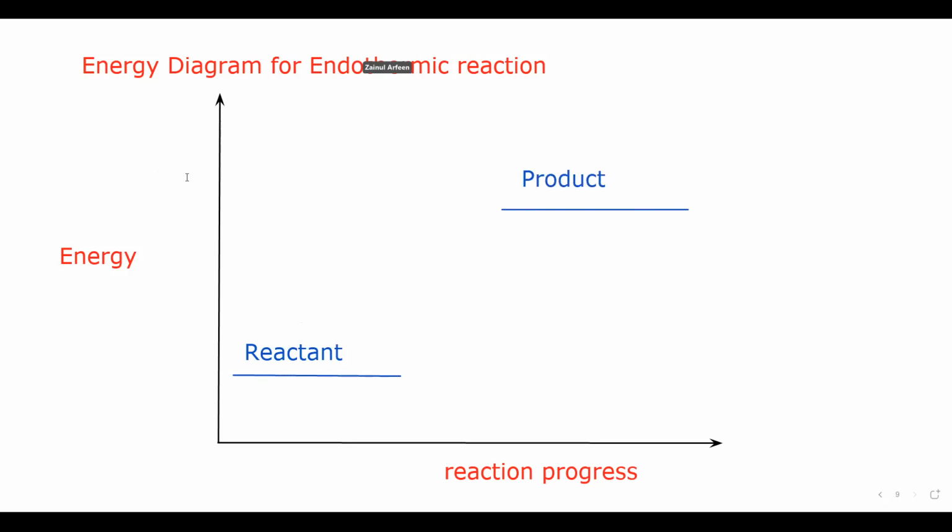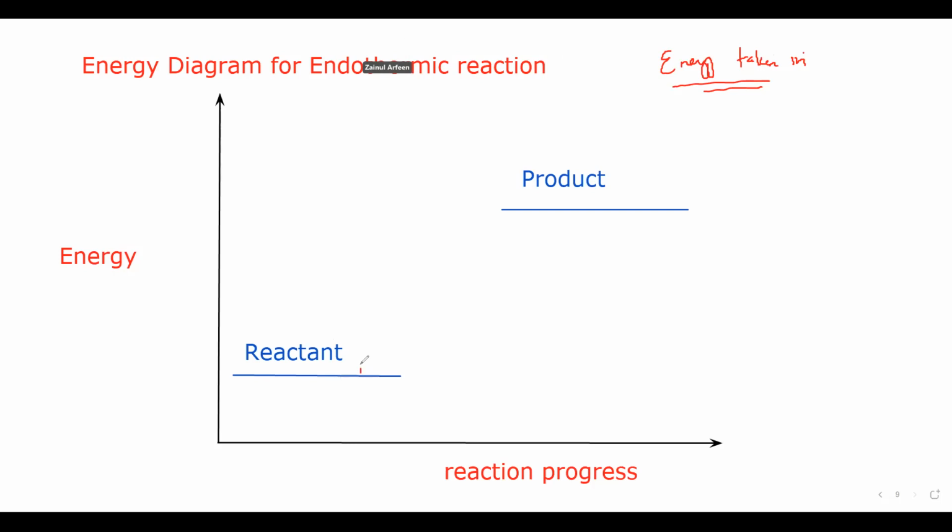So reactant will have low energy and the product is having high energy. How do we represent this diagram, what happens during a chemical reaction? First, in an endothermic reaction, the term endo means heat energy is absorbed, or energy is taken in overall. So first what happened?